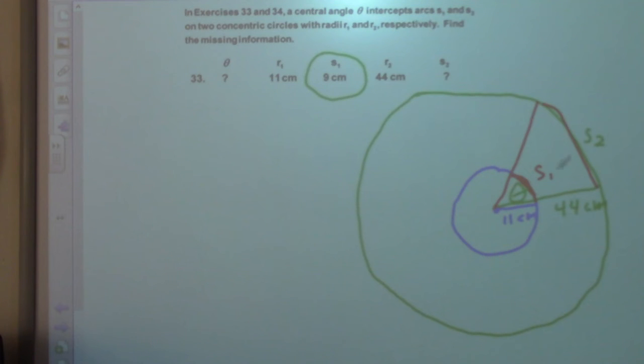You're given s1 is 9 centimeters, so s1 equals 9, right? I would just want to find s2. How would you do that? Wouldn't you just multiply by 4? Yeah, you could do that. You can just multiply by 4, because you see our proportionality, don't you? And that's going to be equal to s2 over 9, right?